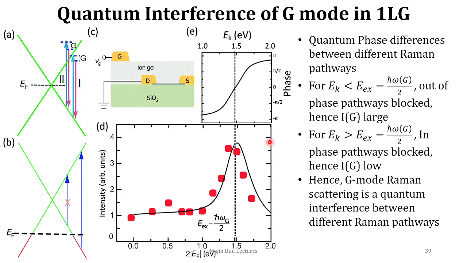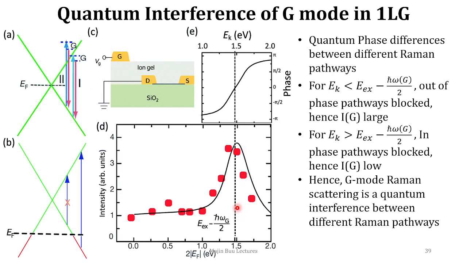This was understood in terms of the phase differences, wherein at energy lower than the excitation energy, the processes that are in the opposite phase get attenuated and blocked, and as such the intensity of the G band increases.